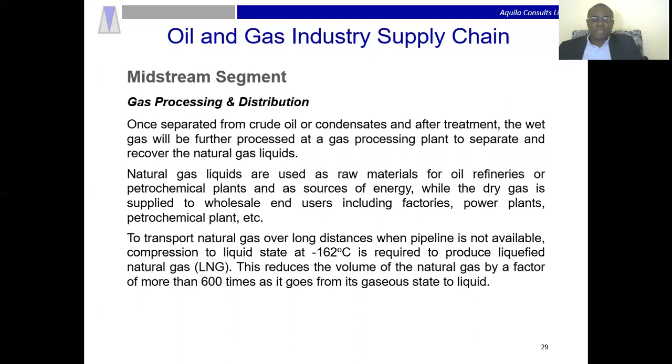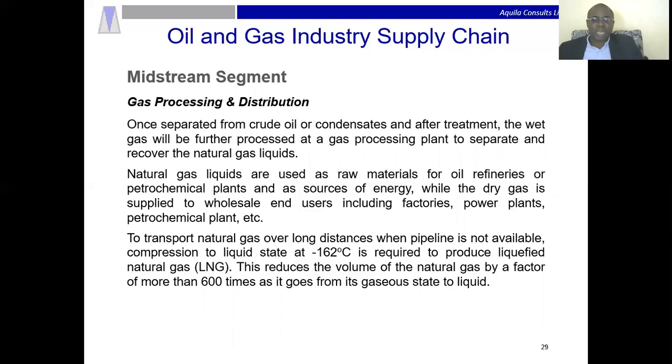Once you obtain natural gas liquids from the wet gas, you can take these to the refineries or to petrochemical plants, where they serve as raw materials. Whereas the dry gas itself, which is methane, can be used directly by factories, power plants, and petrochemical plants.